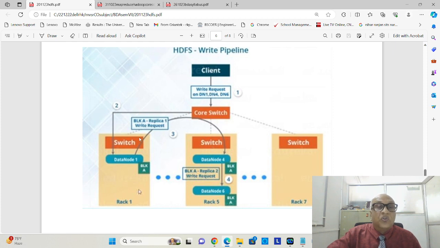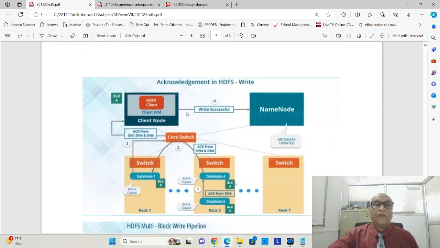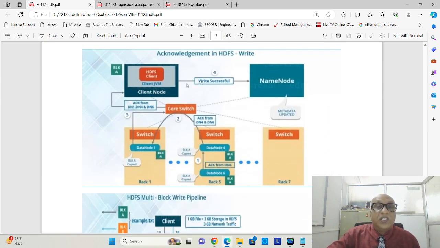Block A is written at data node 1. Data node 1 will be writing block A to data node 4. Data node 4 will be writing block A to data node 6. This is the acknowledgement mechanism wherein the client at the end sends an acknowledgement to the name node saying that its operation is completed.